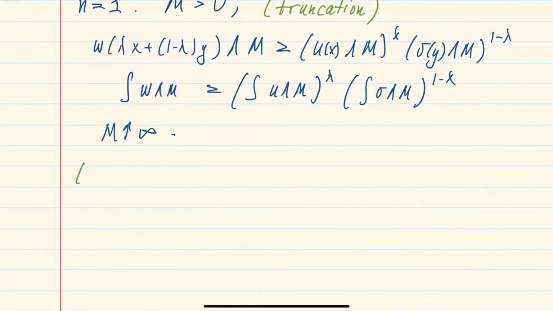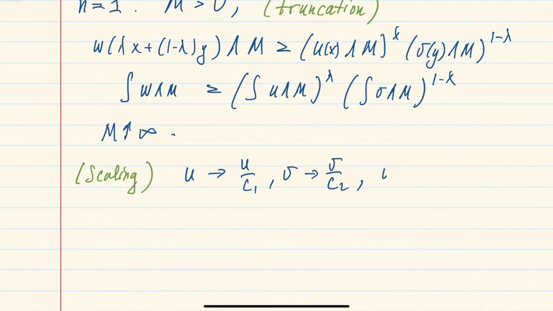And the second thing that we notice is that you can perform the scaling because the result is homogeneous to the scaling. Namely, if you take your function u and scale it by some positive constant, and then you take v and scale it by another positive constant, then to preserve the inequality in the assumption, you just have to rescale w by c1 to the lambda, c2 to the 1 minus lambda, for some positive constants c1, c2.